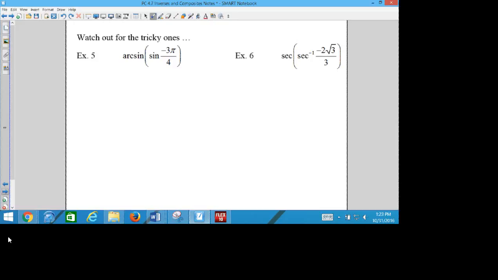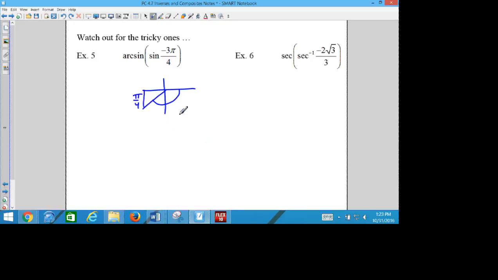That doesn't have a restriction. Only when it's finding the angle, that's when restriction happens. Negative 3 pi over 4 is here. So I've got a pi over 4 reference angle, but it's in the third quadrant.